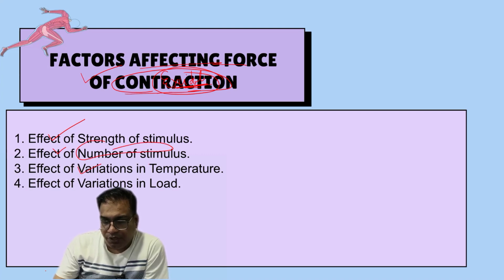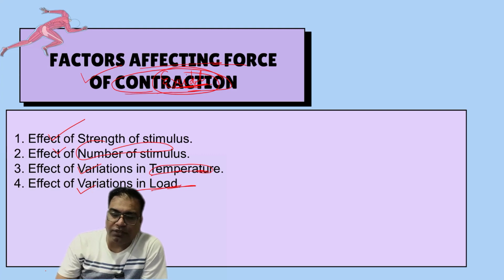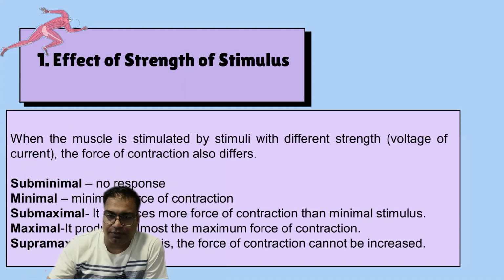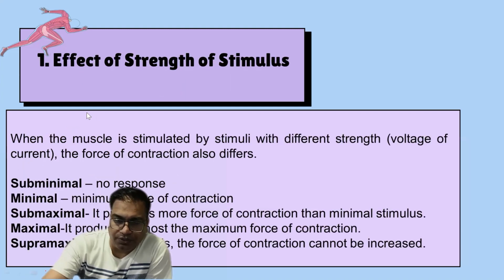Third is the variation in temperature, how temperature affects force of contraction of skeletal muscles. And last, there is a variation in load. These are the four broad categories we will discuss in next slides.